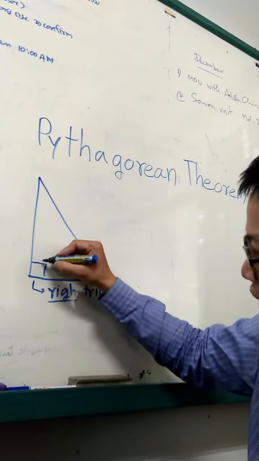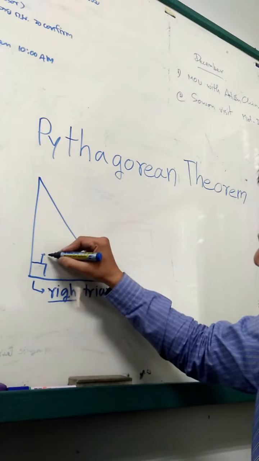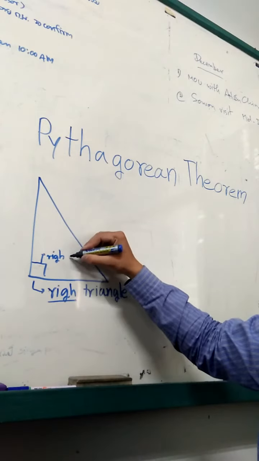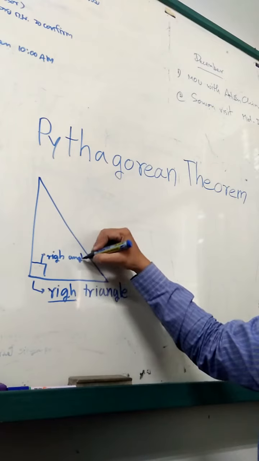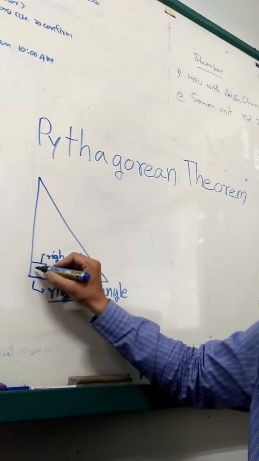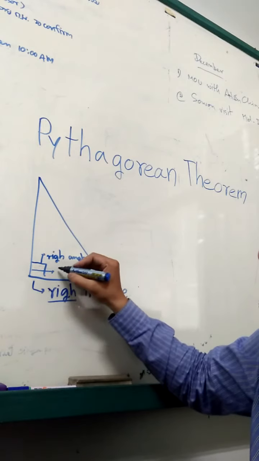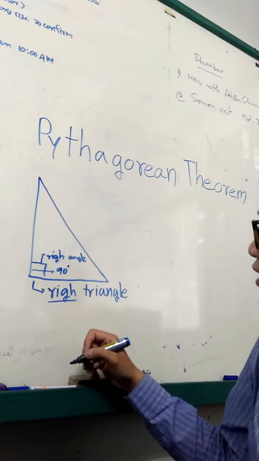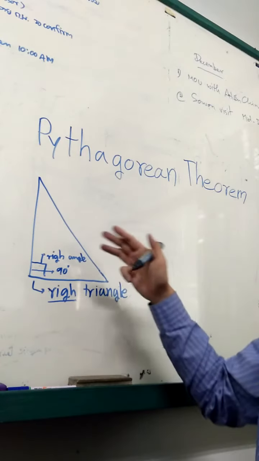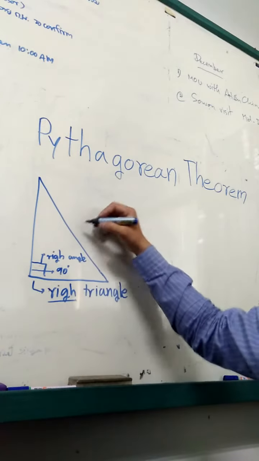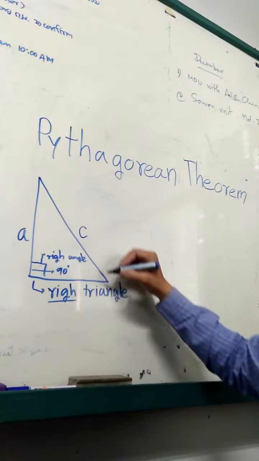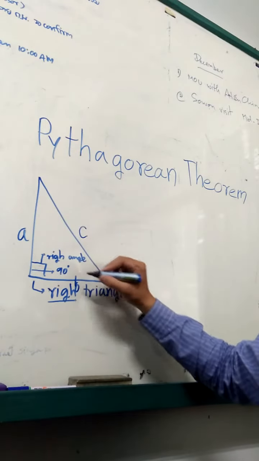With the right angle. So this corner is equal to 90 degrees, okay, and we have three lines. This one's supposed to be C, A, and B, okay.